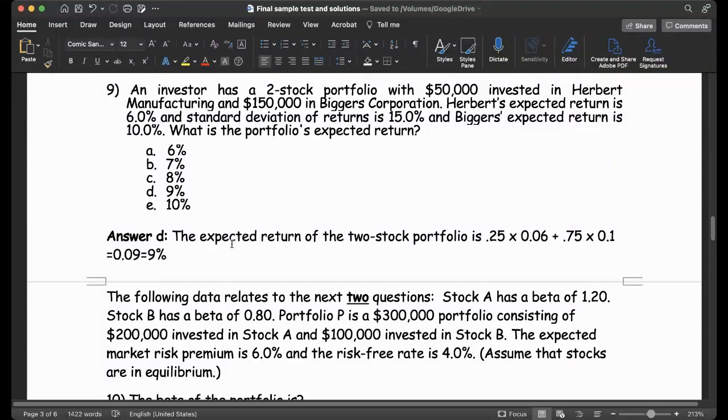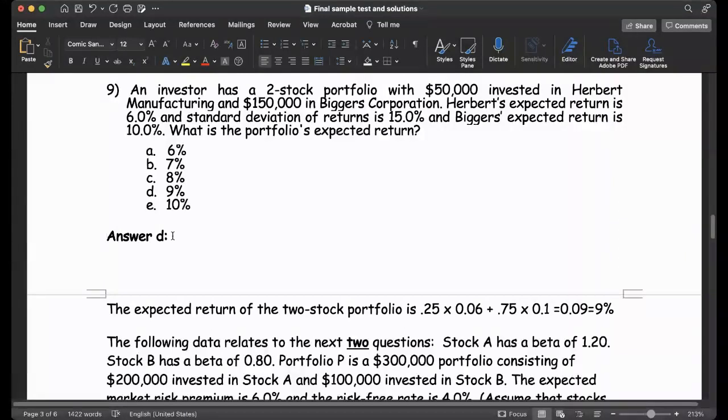So the first step will be calculating the weights for the 2 stocks. So for Herbert's, we have 50,000 in the portfolio. First of all, we need to calculate weight for stock Herbert's Manufacturing.